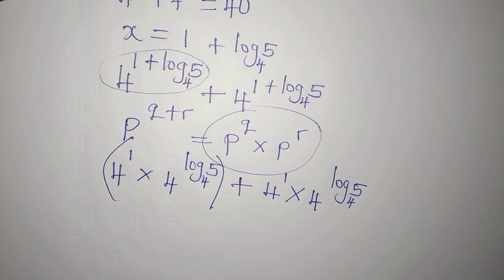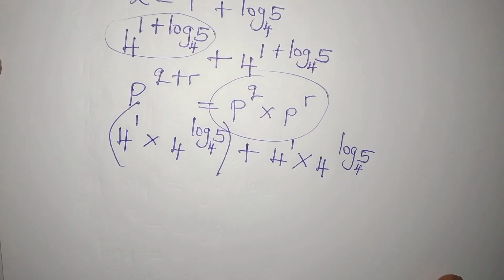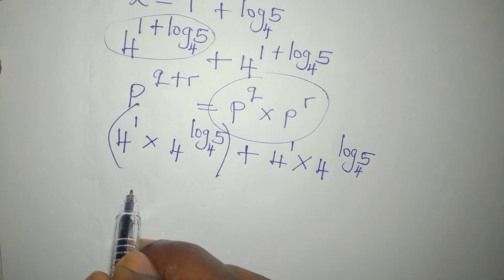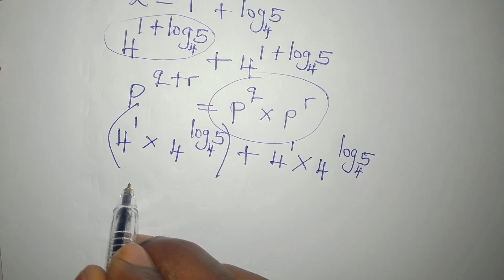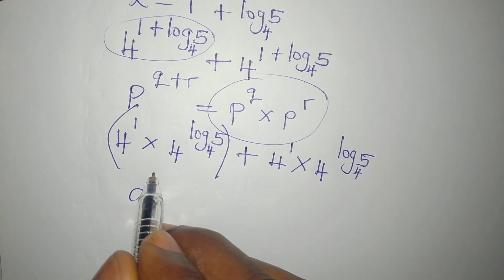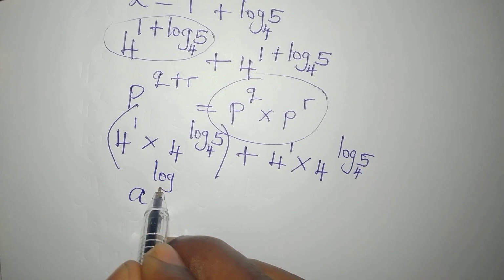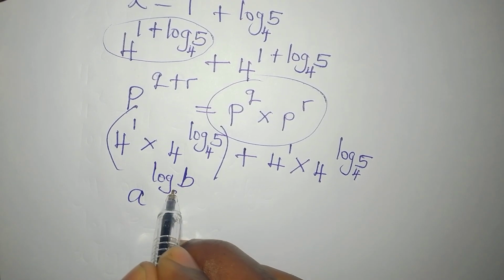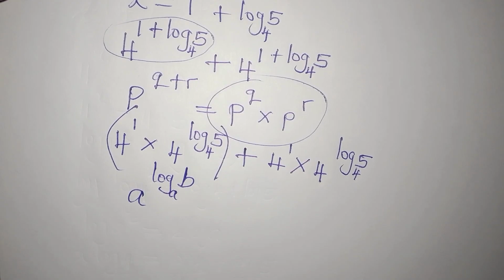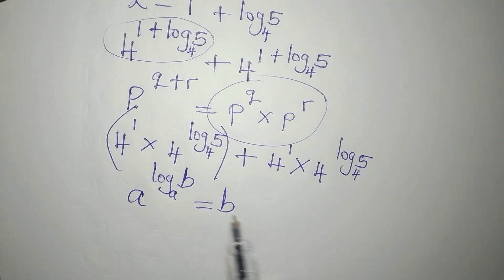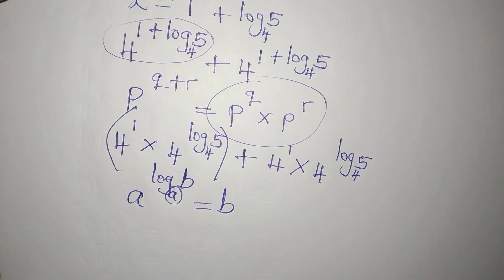And then there's another point you have to note. If there is anything like a to the power of log b to base a, this will be equal to b, because the same base here is the base that is here.